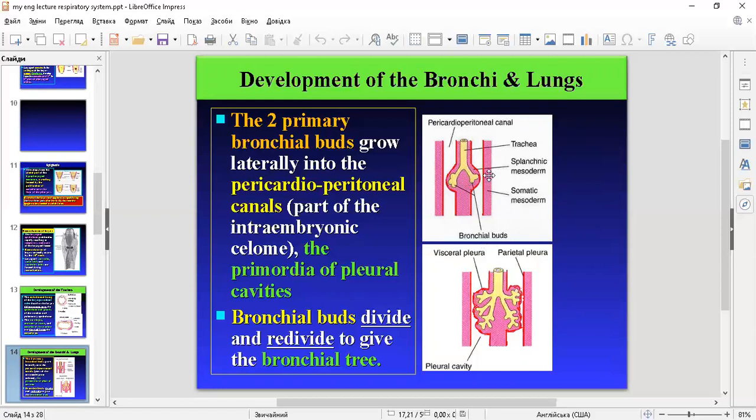Somatic mesoderm, splanchnic mesoderm. Then visceral pleura, parietal pleura, pleural cavity.